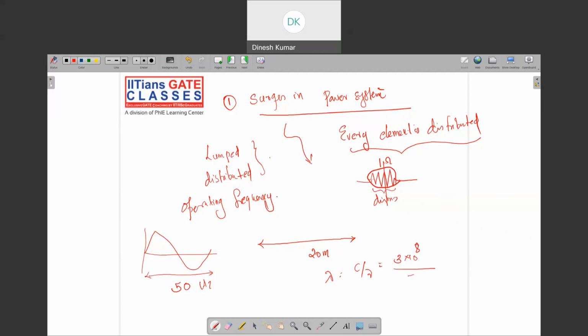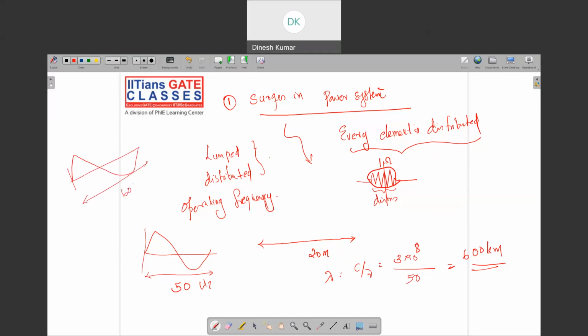So that is 3 into 10 to the power 8 divided by 50, which will be 6000 kilometers. So the wavelength of the normal AC coming into our home is basically that. Assume that the line is only 20 meters, while the wavelength is this large.